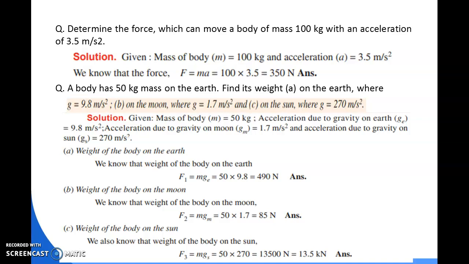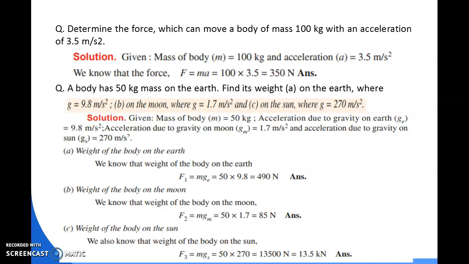Now coming to the last part, the sun. The weight of the body on the sun we can find by multiplying the mass, 50, with the acceleration due to gravity of the sun, 270. By multiplying this, we have 13500 Newton.